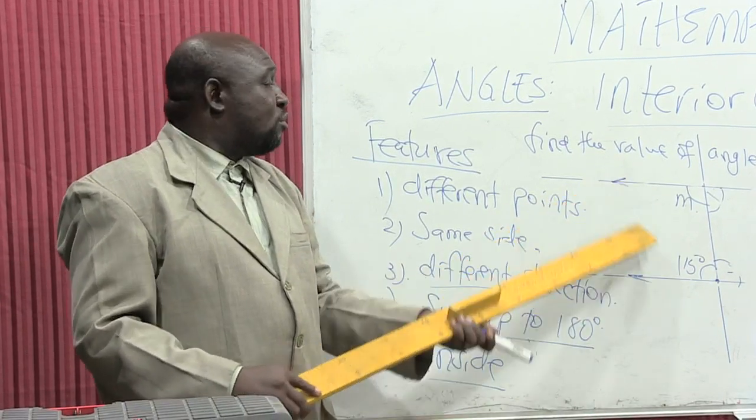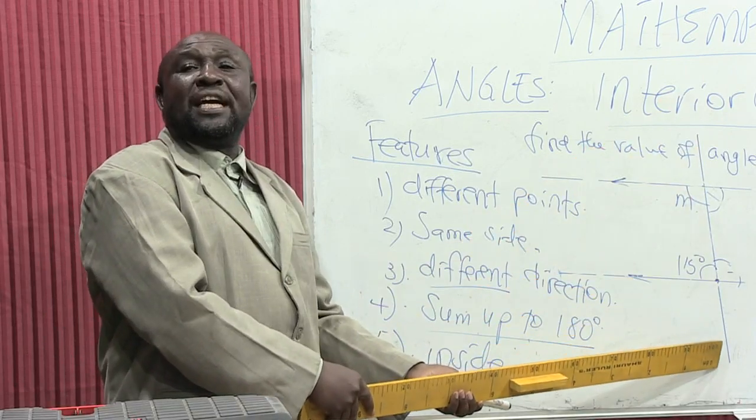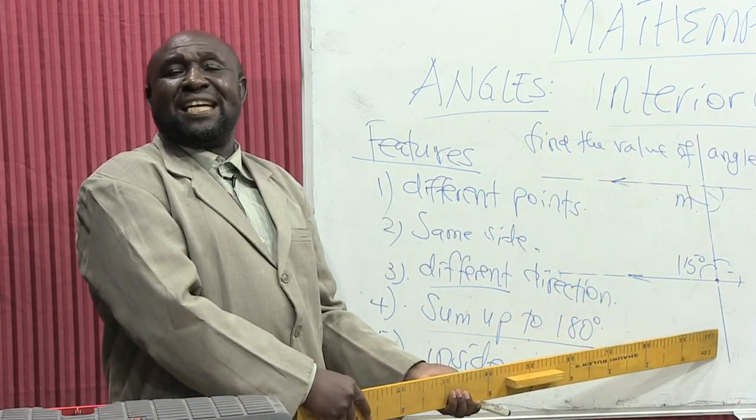So you say these 2 lines are parallel. And you can see this straight line crossing. We call it a transverse line.